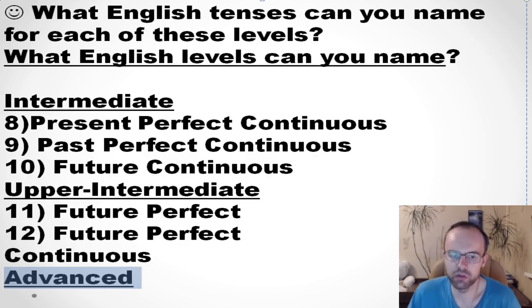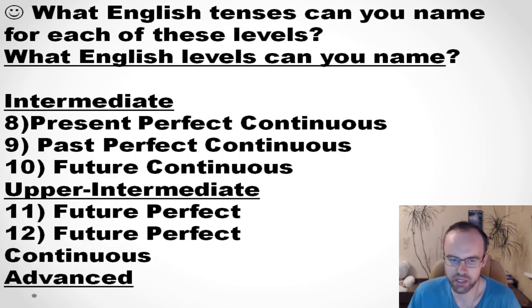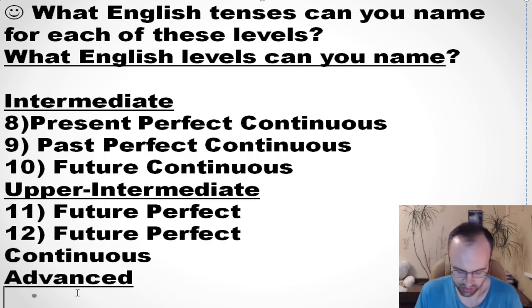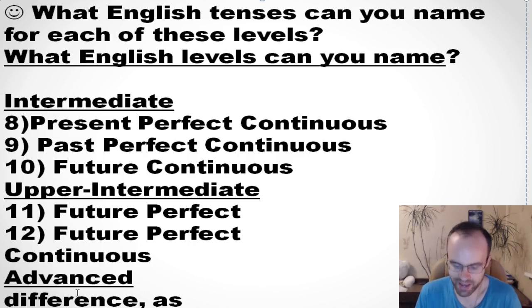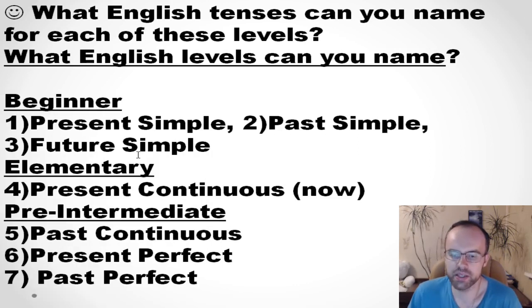But the formation of these tenses, the rules of formation, you need to know before an advanced level. At an advanced level, it's mostly the difference and some aspects of use. Okay, so it's the most important thing. So I think that this map is pretty clear.